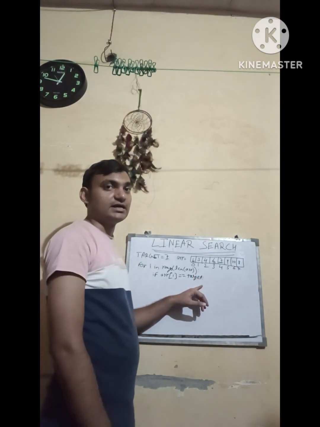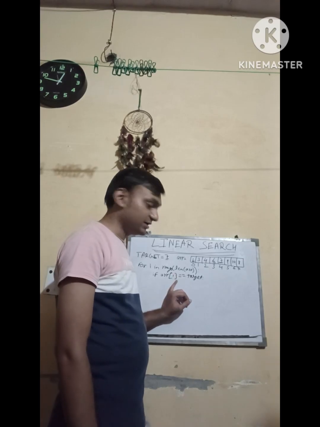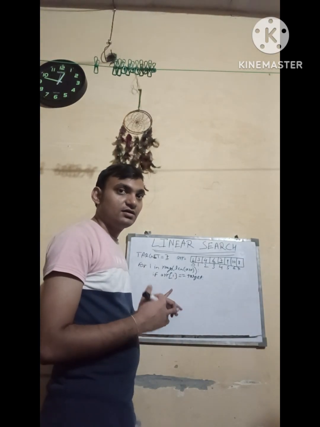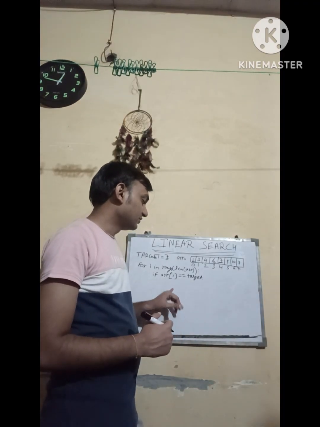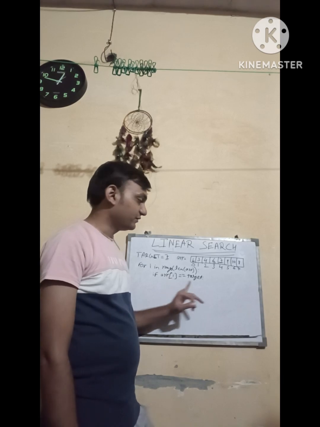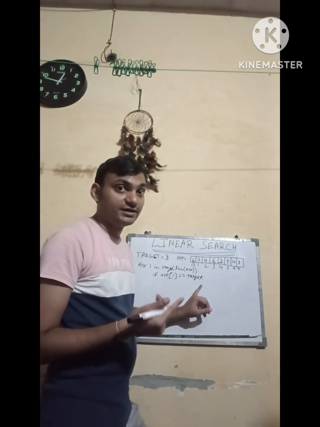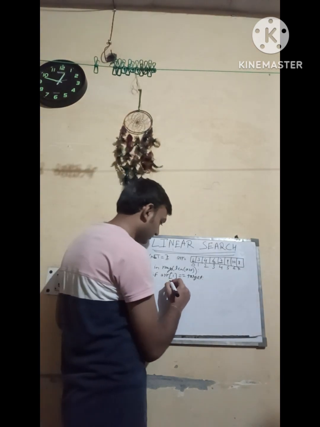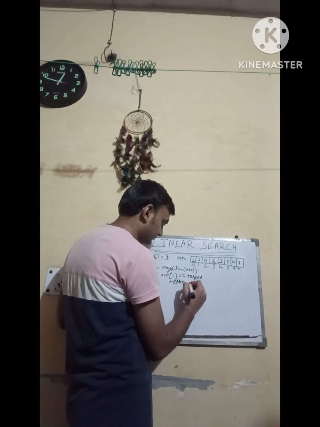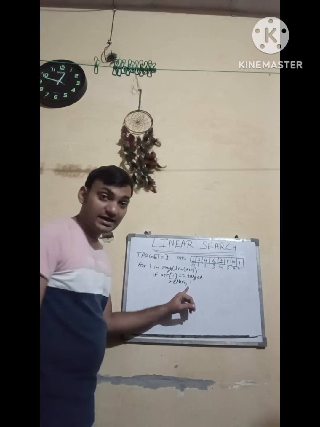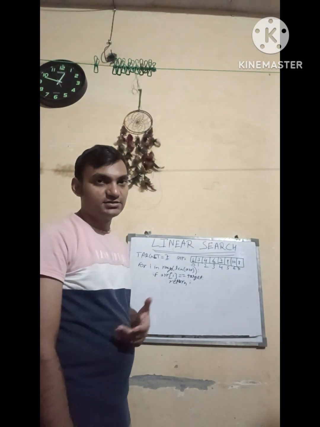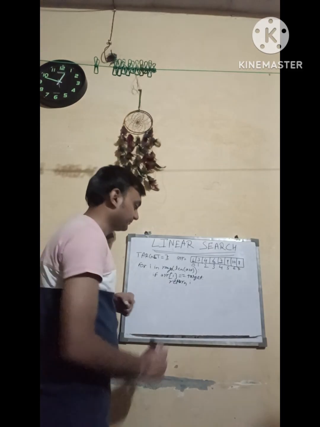This line means that if at the ith index of array arr, the value we have here is equal to the target value that we are finding in the array, then we return the index of the target value, that is, at what index the target value exists in the array.